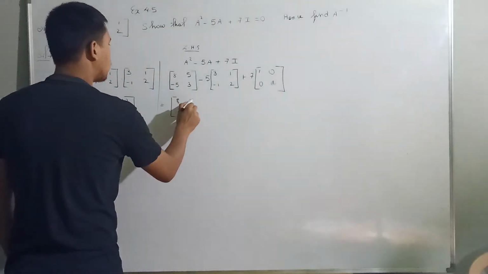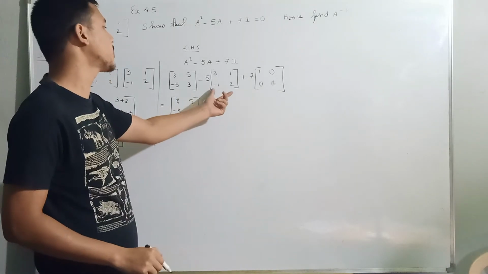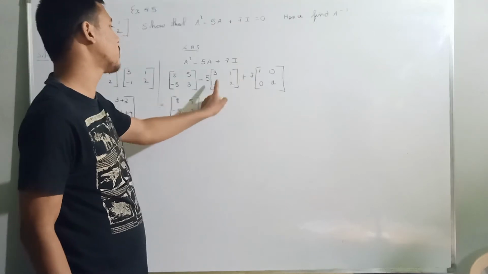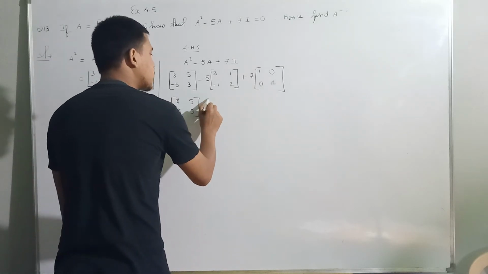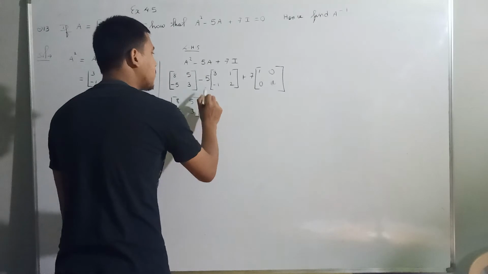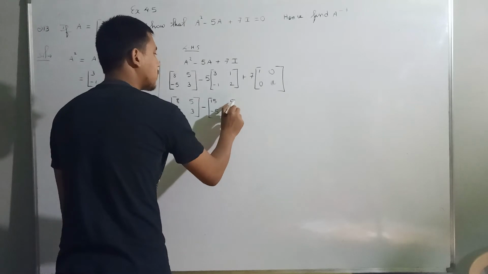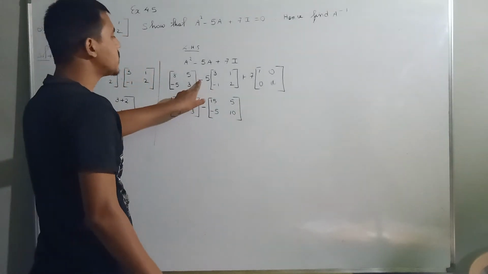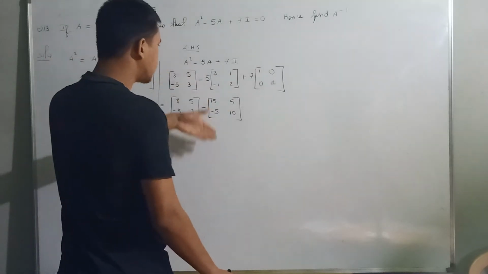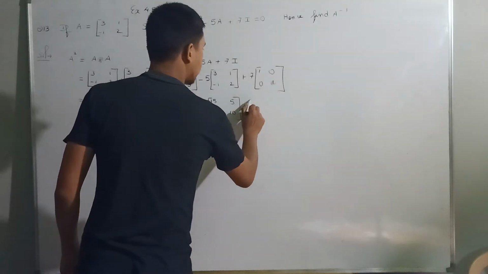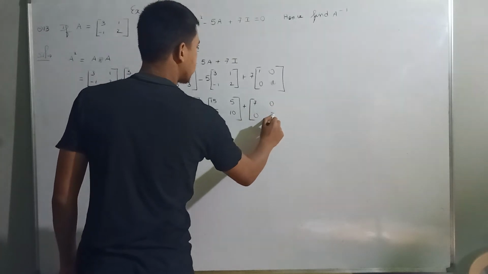You are going to multiply this matrix with the scalar 5. Then all its corresponding elements should be multiplied by 5, right? So 5 times 3 is 15, 5 times 1 is 5, 5 times minus 1 is minus 5, 5 times 2 is 10. If you are multiplying with minus 5 to all the elements, then this will become positive, okay? It depends on how you are doing, alright? Plus multiplying the identity matrix with the scalar 7, 7 times 1 is 7, 0, 0, 7 times 1 is 7.